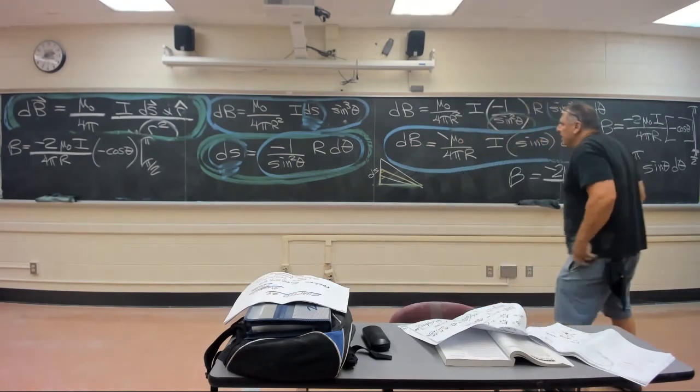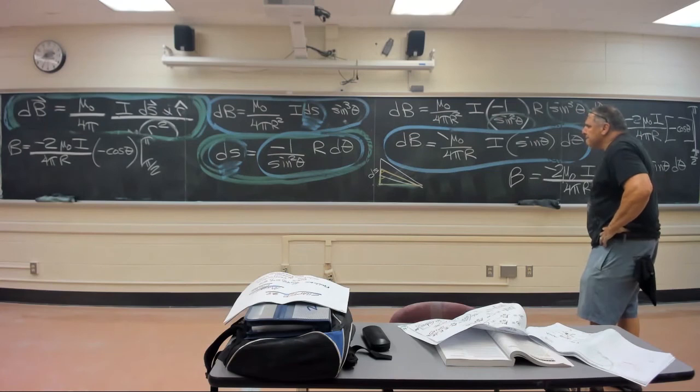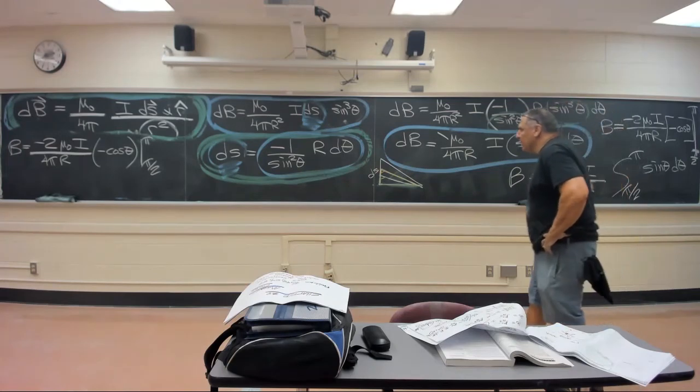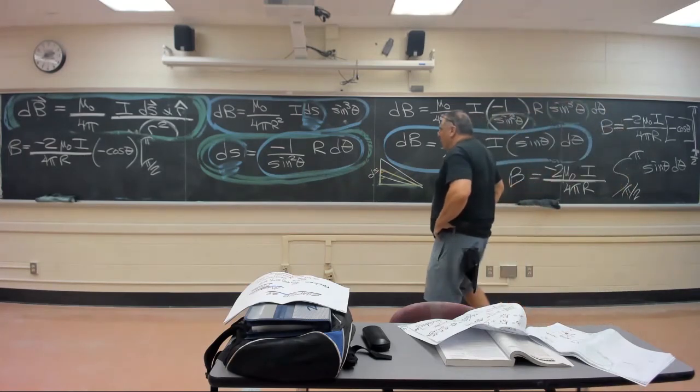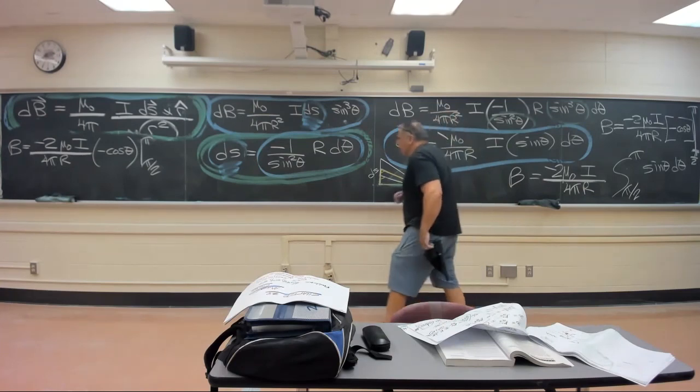I'm sorry, forgive me here. Let me think, guys. From 0 to pi over 2. And that'll work. Let me think. 0 to pi over 2. That's a -1. Yeah, I think that's the way it has to work.